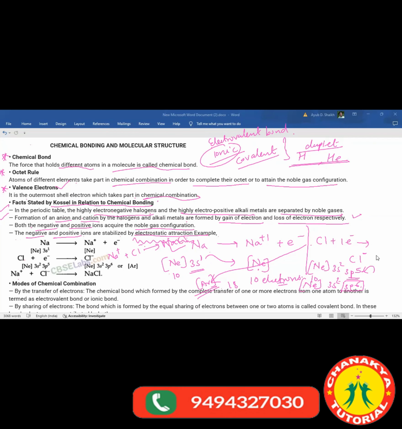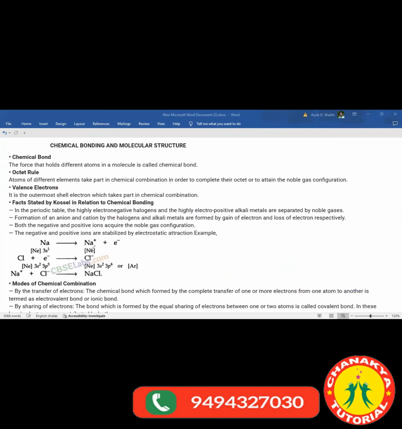Clear? So these things we have to keep in mind regarding the causal in relation to chemical bonding. First of all, in the periodic table, highly electronegative halogens and highly electropositive alkali metals are separated by noble gases.